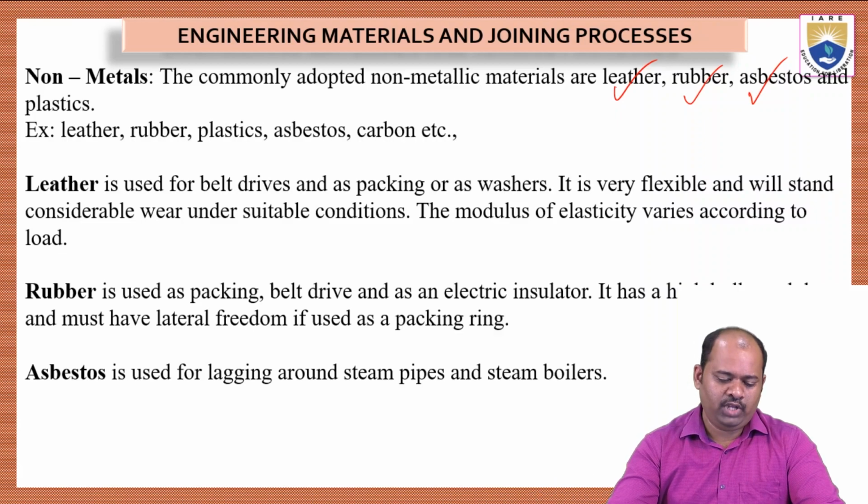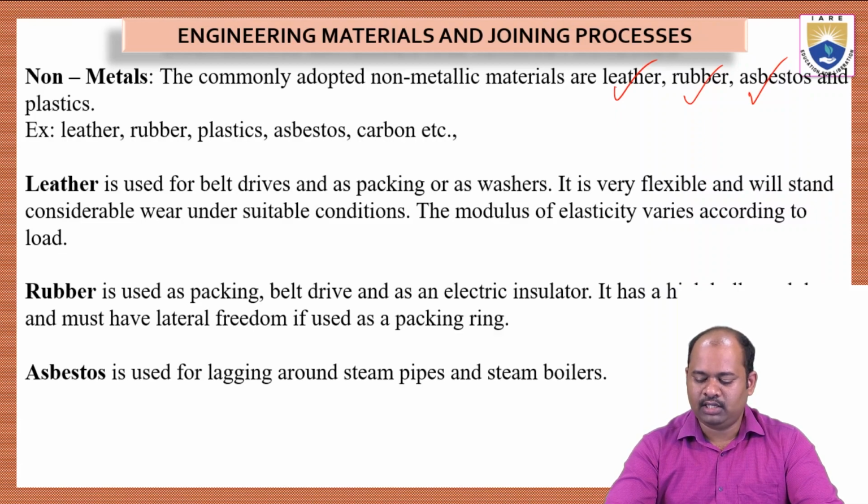Okay, and then we have rubber. Rubber is used as a packing, belt drive, and electric insulator. It has high bulk modulus and must have lateral freedom if used as a packing ring. We have already discussed that rubber can be used as a ring to seal the IC engine cylinder.